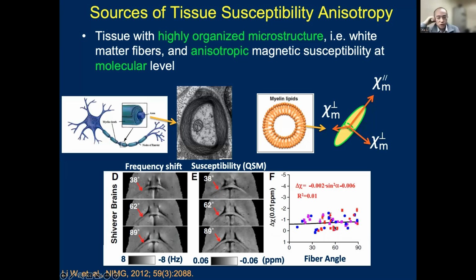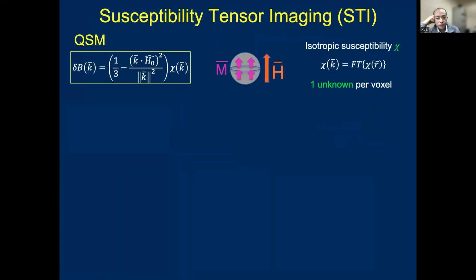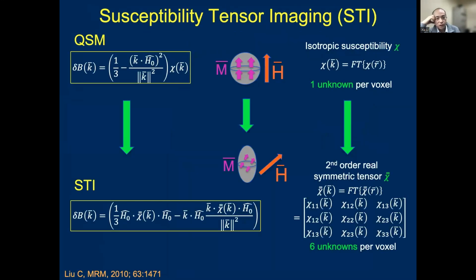So such anisotropic susceptibility would be better described using a tensor model. And if we use the tensor model, we can extend the QSM into susceptibility tensor imaging. But of course, this is more complicated because for QSM, we only need to solve a scalar for each voxel, but for the susceptibility tensor, we need to solve 6 unknowns for each voxel.